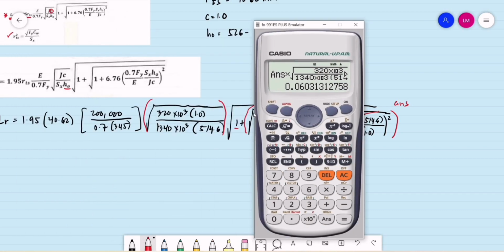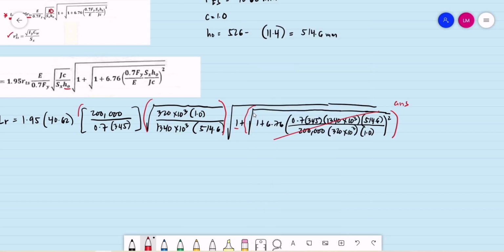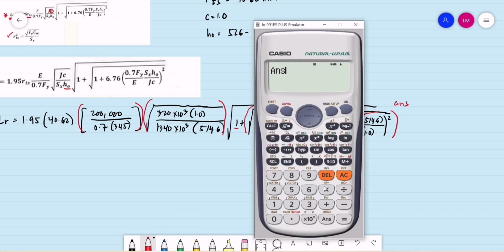Okay. Then we are now to multiply that value to this one. So that is the answer multiplied by 200,000 divided by 0.7 of 345. And then multiplied by the RTS, multiplied by 40.62, multiplied by 1.95.